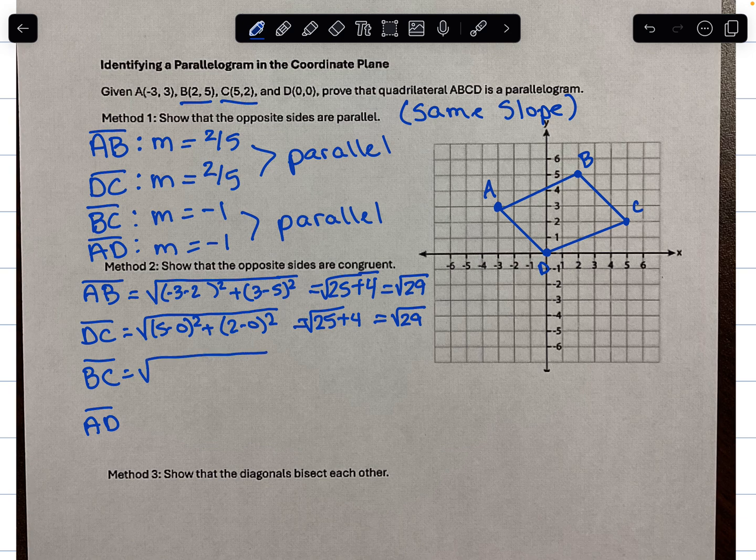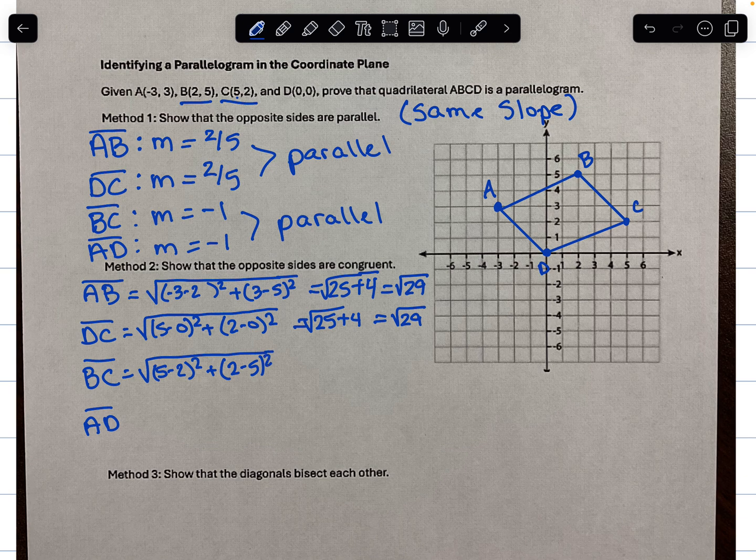Okay, somebody else tell me, what am I subtracting for BC? 5 minus 2. Okay, and what else? 2 minus 2, or 2 minus 5, yeah, which I guess you're squaring, so we'll get the same answer.